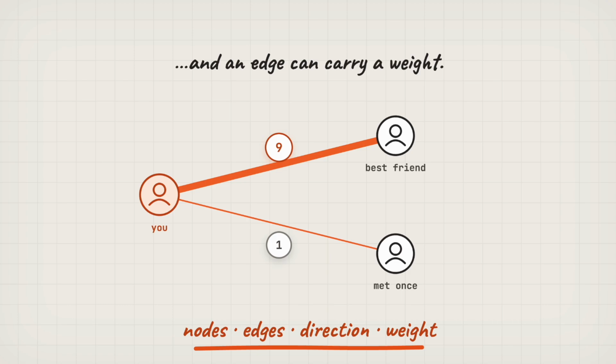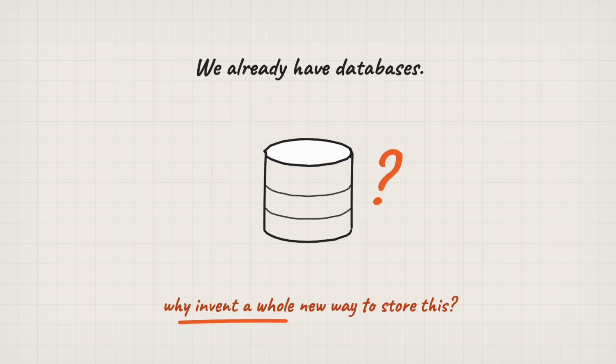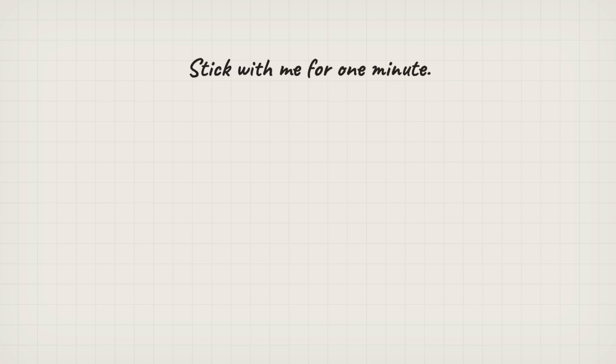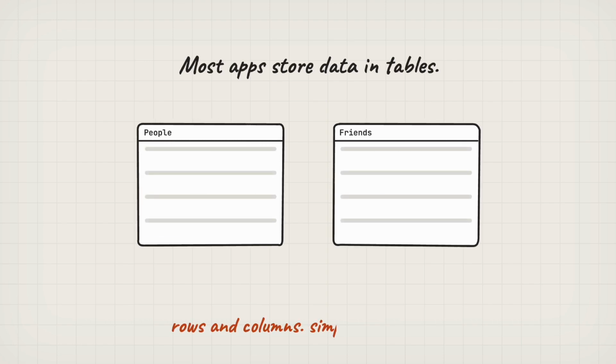So, here is the question that actually matters. We already have databases. Why would anyone invent a whole new way to store this? Let me show you. This is the part I really want you to get, so stick with me for one minute. In a normal database, the kind most apps use, your data lives in tables, rows, and columns.